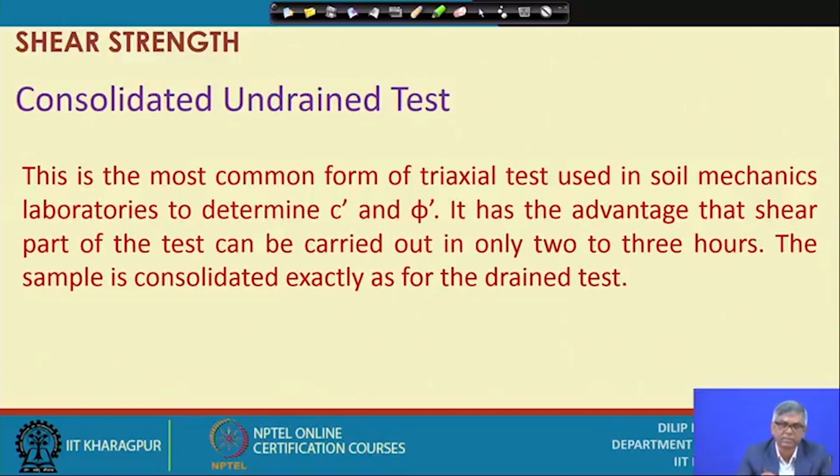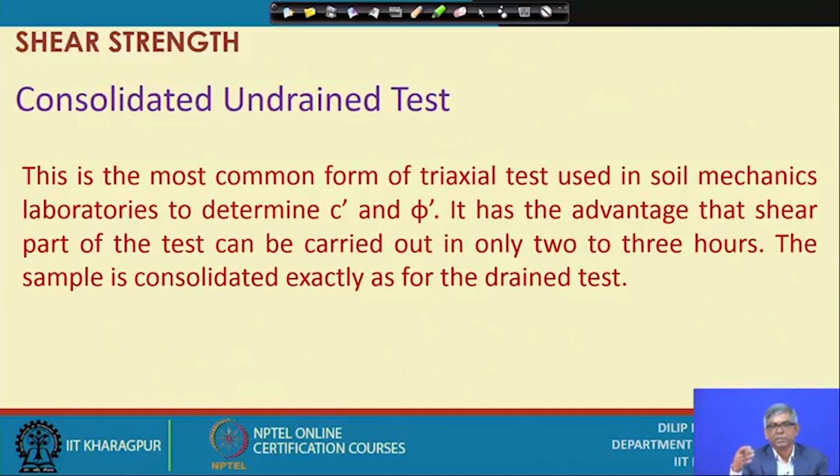Suppose in the previous case, at each increment of additional axial load, we observe that immediately after application of axial load, pore pressure develops, and you have to give enough time to dissipate that pore pressure, and when it becomes 0, then we go for the next increment.